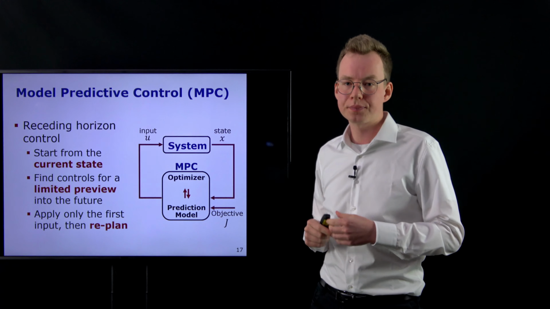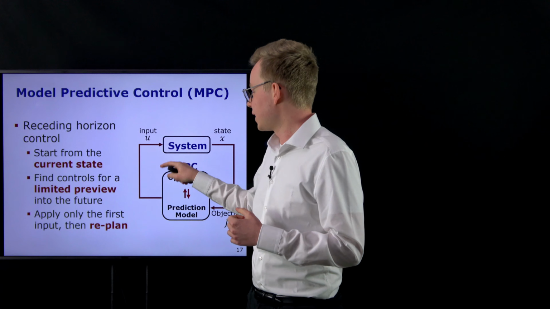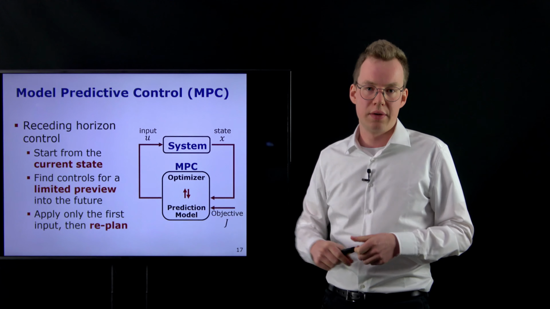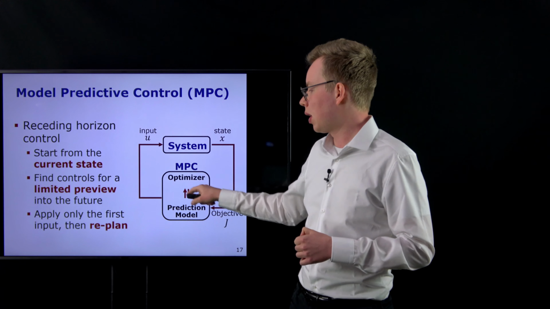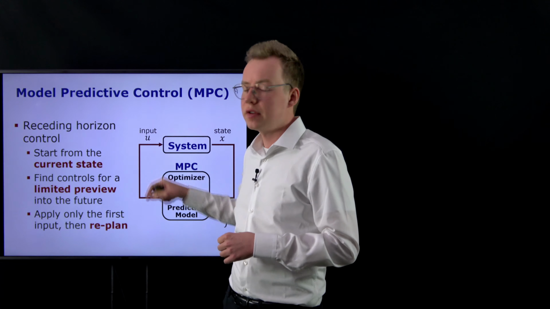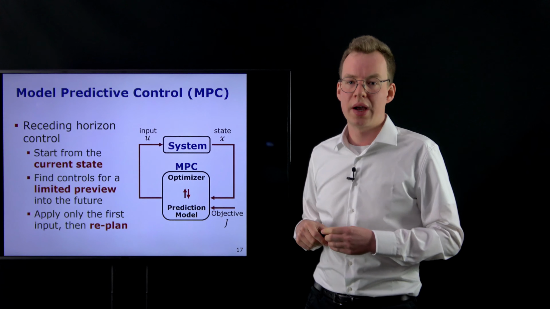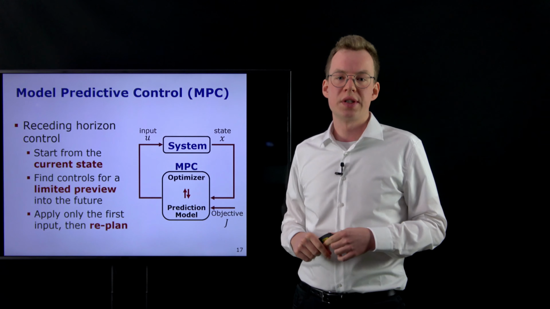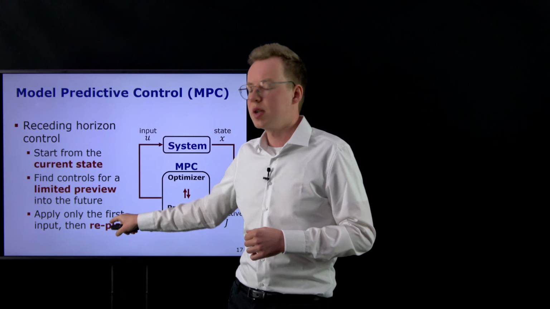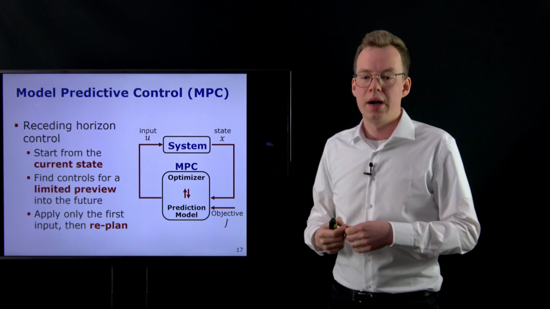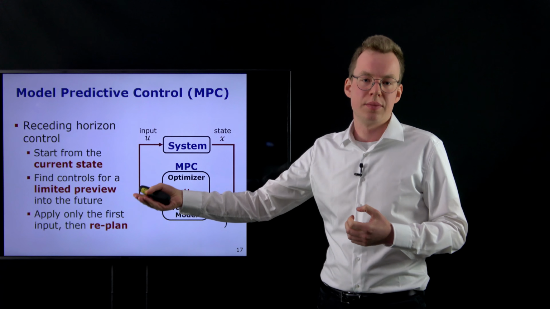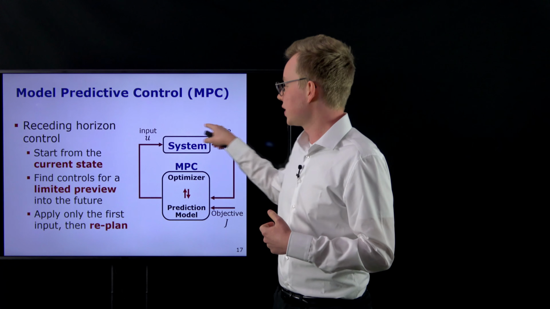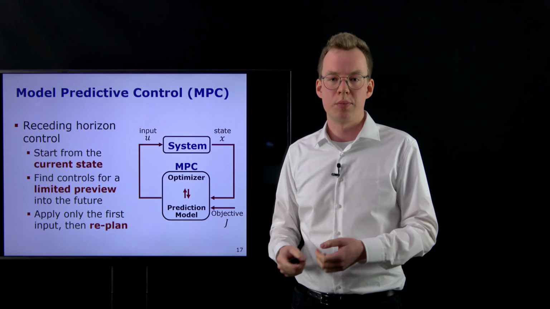From our optimizer's solution for those 50 steps, we'll then only apply the very first input to the system and measure the new state again. We then replan from there. So rather than playing out these inputs in open loop, we always only apply the first one and then measure again where that brought us.